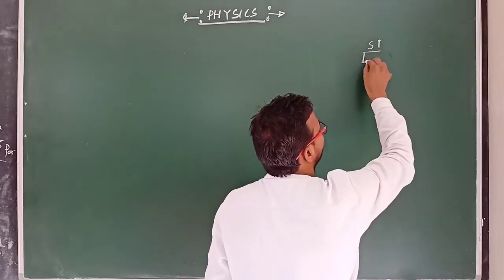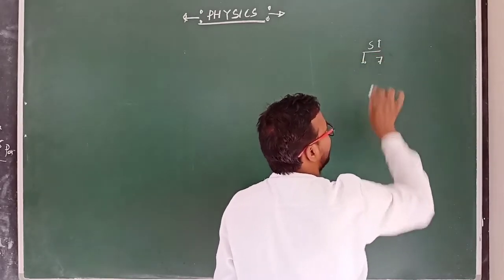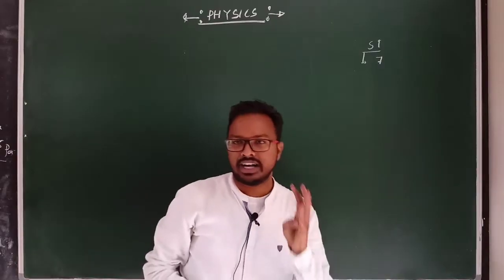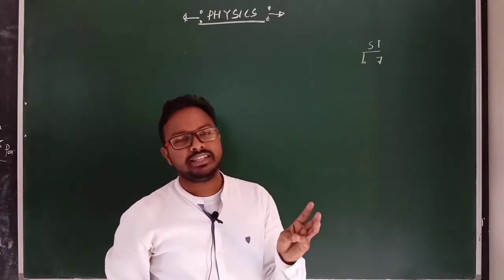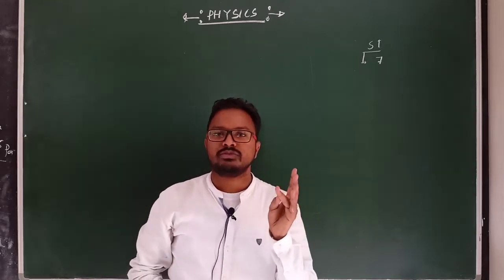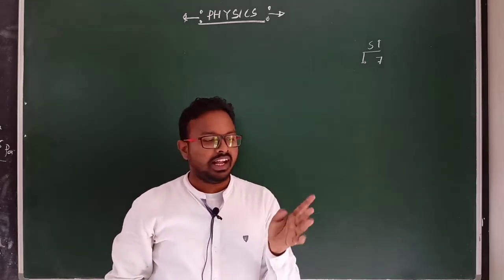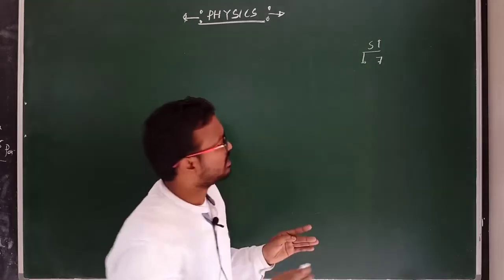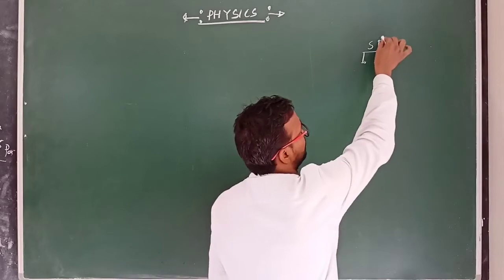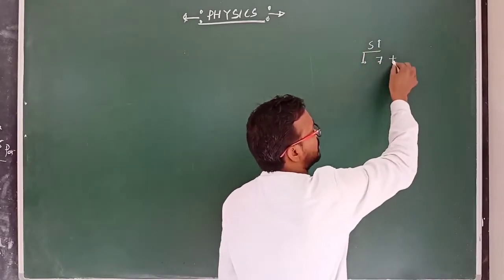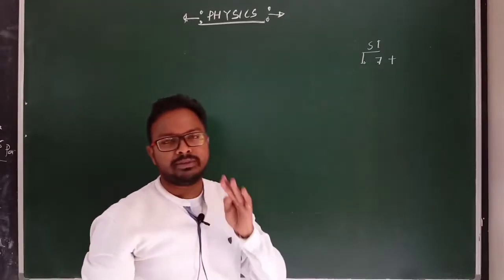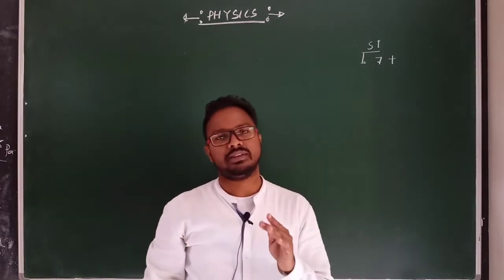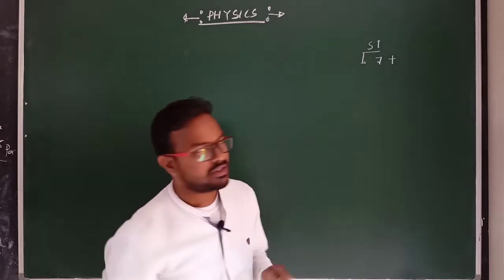It consists of 7 fundamental units, and these fundamental units are mass, length, time, temperature, amount of substance, electric current, and luminous intensity. These are the most important fundamental quantities that belong to the SI system, which are 7, and after that there are 2 supplementary physical quantities, first plane angle and second solid angle.